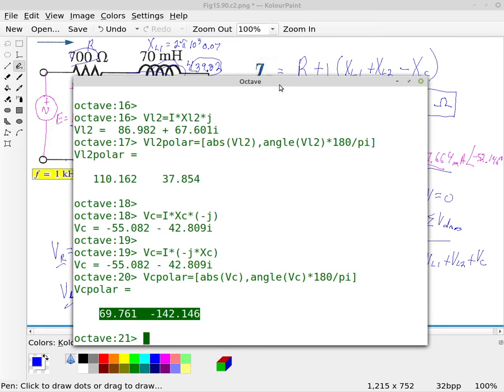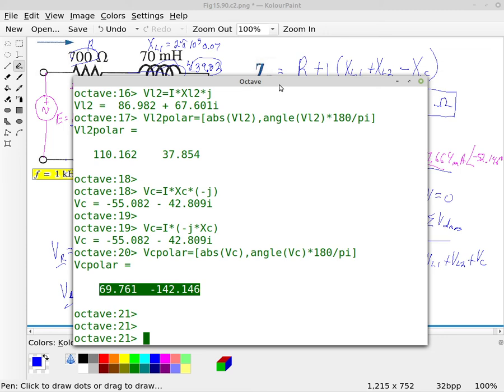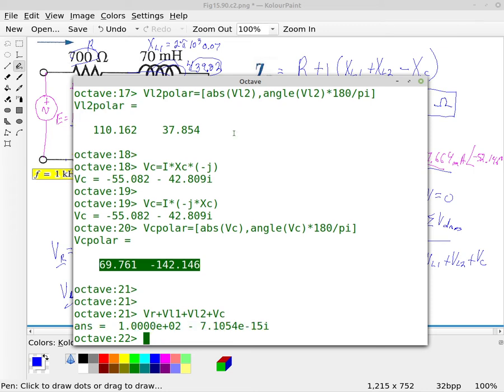So if we come over here, I can actually go and take VR plus VL1 plus VL2 plus VC, and that gives me 100, right?